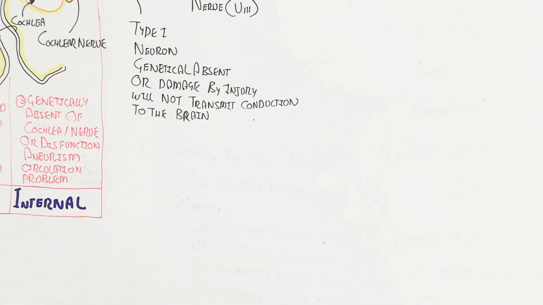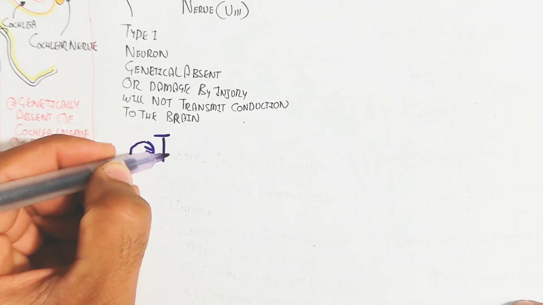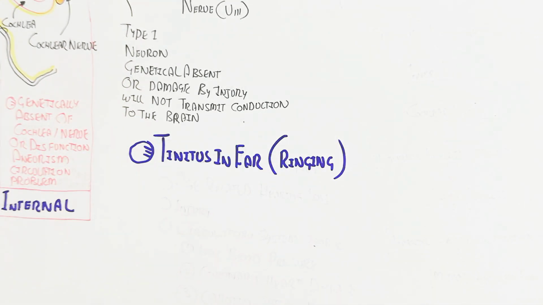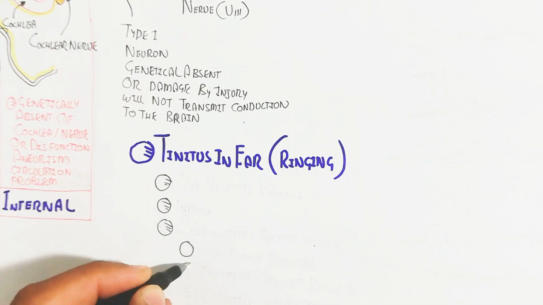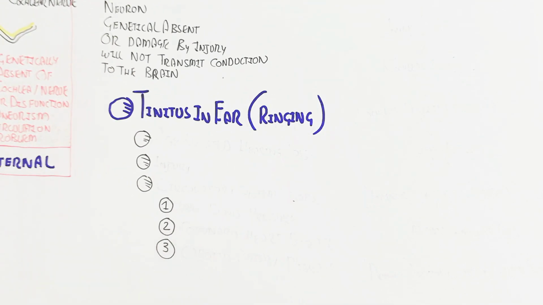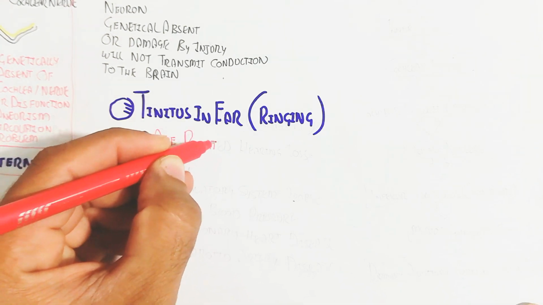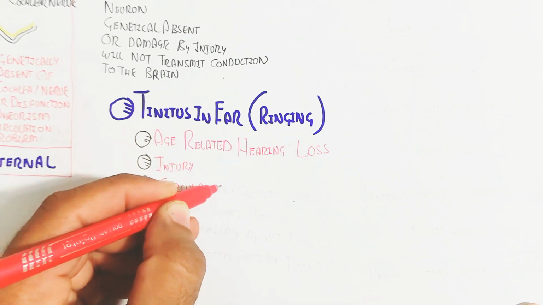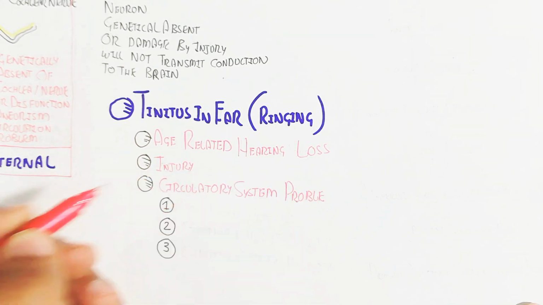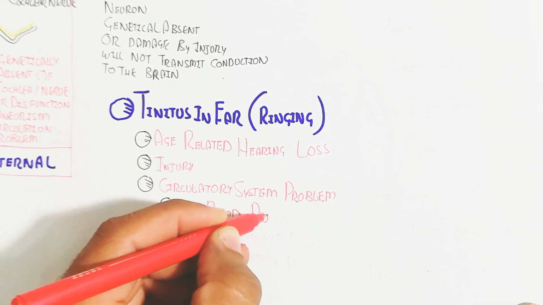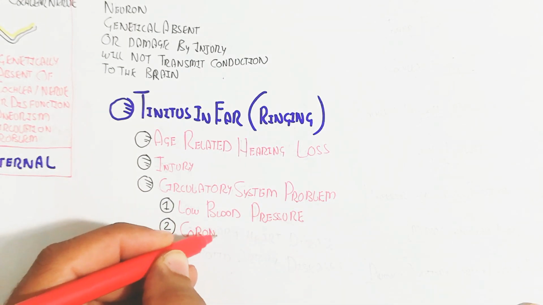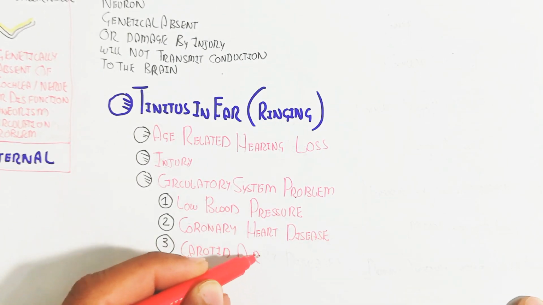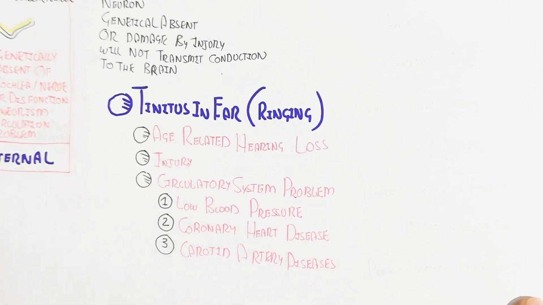Let's begin to understand tinnitus in the ear. It is also known as ringing in the ear. It is internal, not external, because it is caused by internal problems: physiological changes due to age-related hearing loss, injury, injury of the carotid artery, and circulatory problems like low blood pressure, coronary heart disease, or carotid artery disease like arteriosclerosis or thrombosis. These different complications can lead to tinnitus, and even hearing loss.